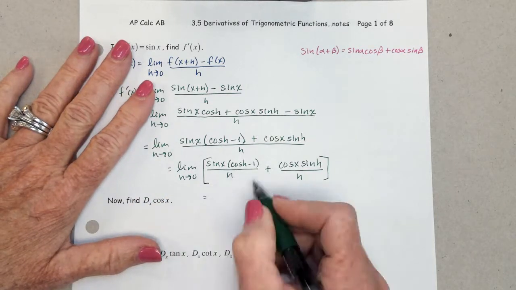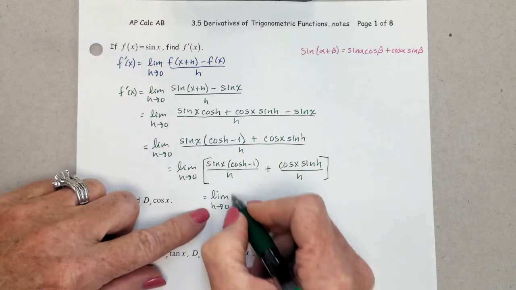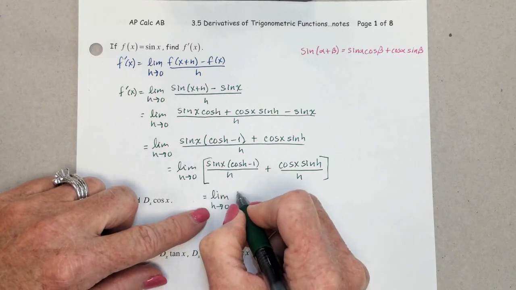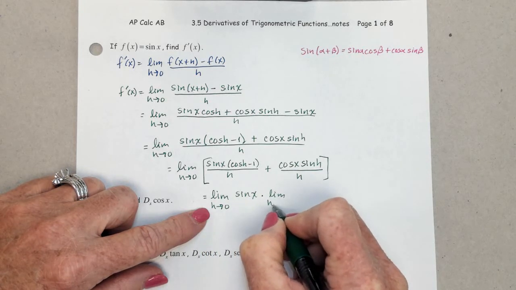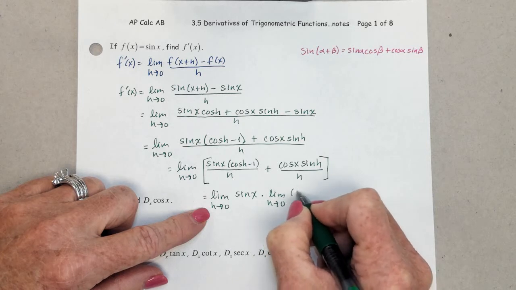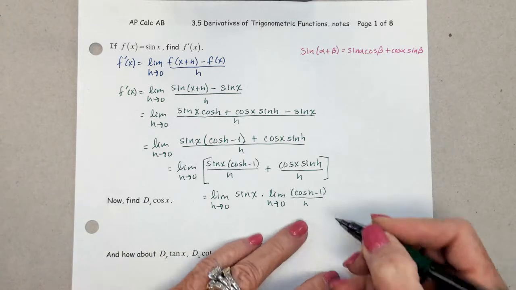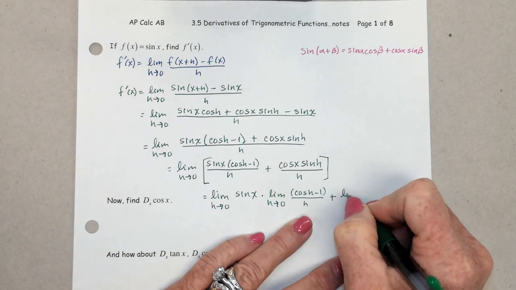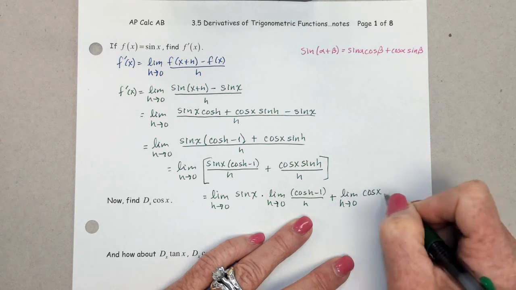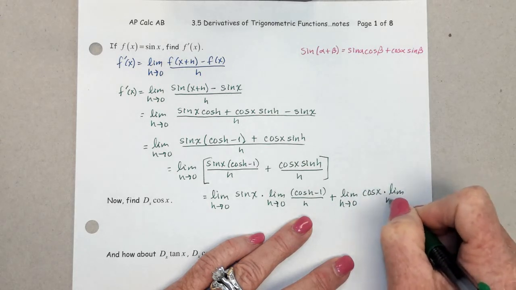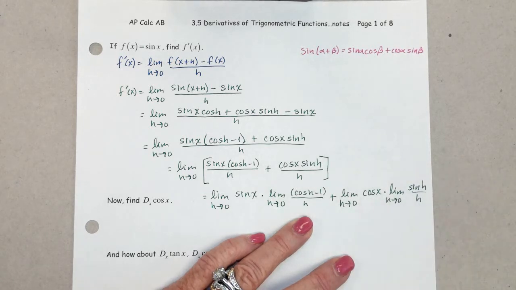So if I expand this out, we have the limit as h approaches 0 of sine x times the limit as h approaches 0 of cosine h minus 1 over h plus the limit as h approaches 0 of cosine x times the limit as h approaches 0 of sine h over h.